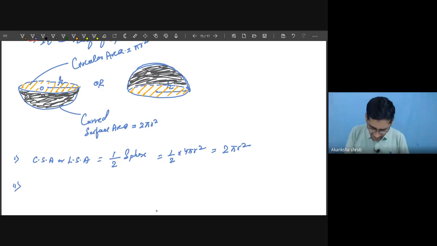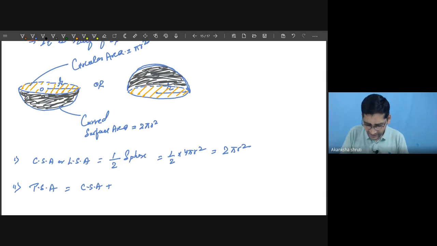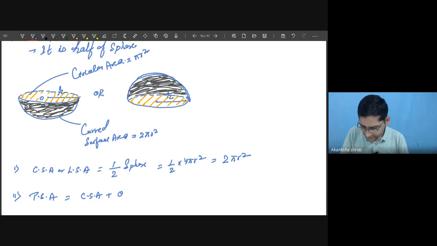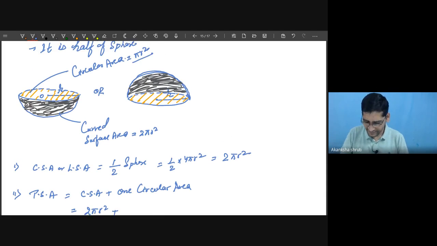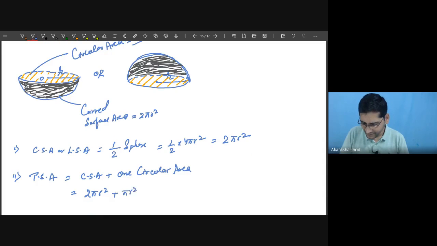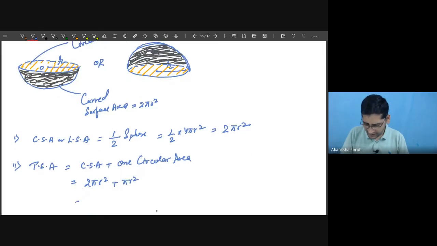Therefore, the total surface area TSA in this case is obtained by adding the CSA with the circular base. Only one circular area. It means it is our 2 pi r square CSA, and the circular area has the value pi r square. Pi r square and 2 pi r square are the same kind of quantity, so it becomes 3 pi r square.